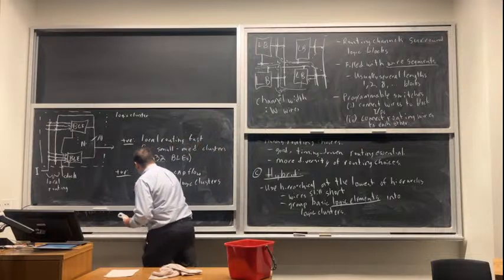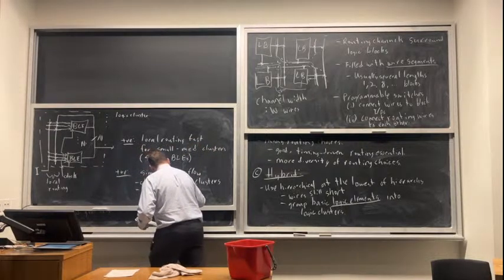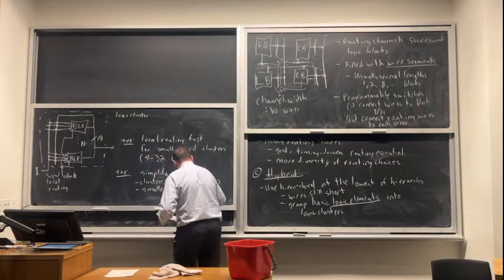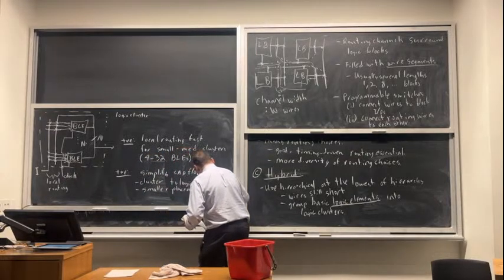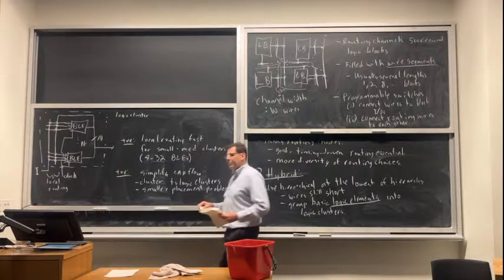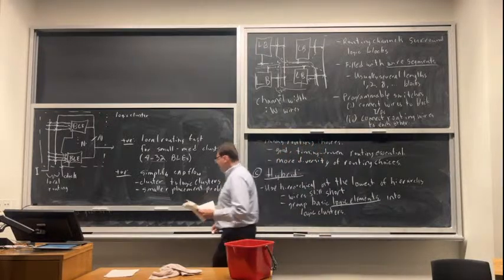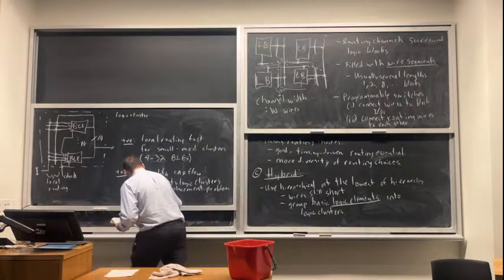So we can cluster to logic clusters. Why is that useful? Because it makes a smaller placement problem. Now, instead of placing individual LUTs, you can just place logic blocks. And that would mean that you would have faster CAD.